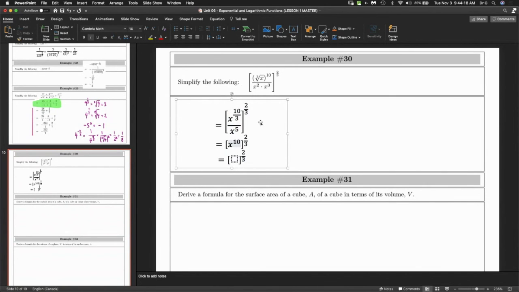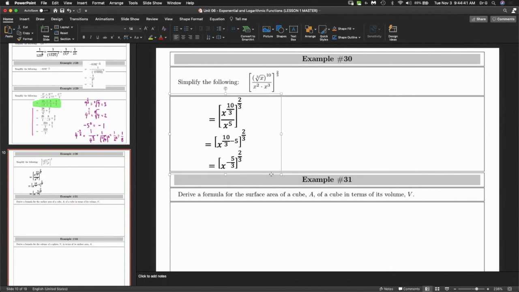You added them before when they're multiplying common base. Here you subtract. So you get 10 over 3 minus 5. I leave that for your fraction skills. That's negative 5 over 3, I'm pretty sure. We're almost done the question.